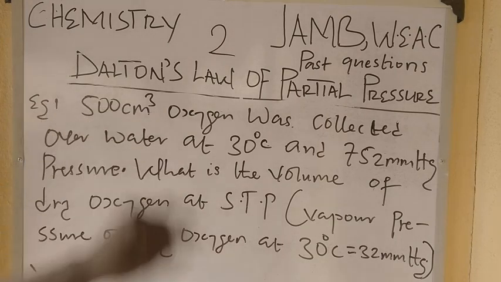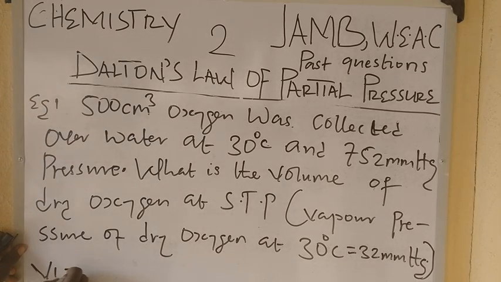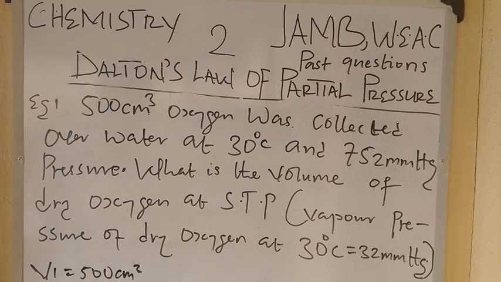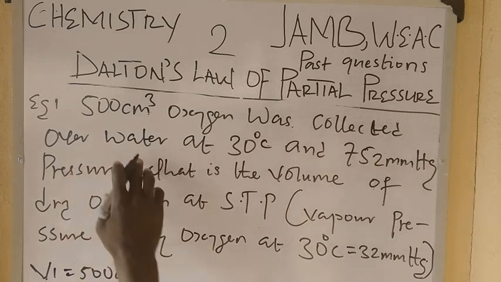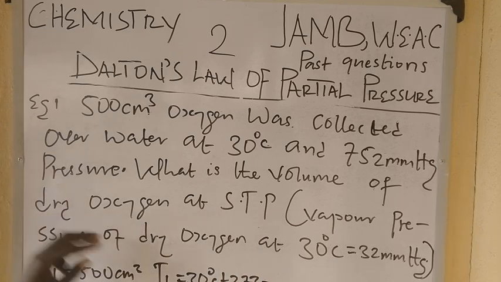Now they say 500 cm³, so this is our volume. Let's assume this is V1, which is equal to 500 cm³. Oxygen was collected over water at this temperature, so this is T1, which is equal to 30 degrees Celsius plus 273, so we have to convert this to standard.